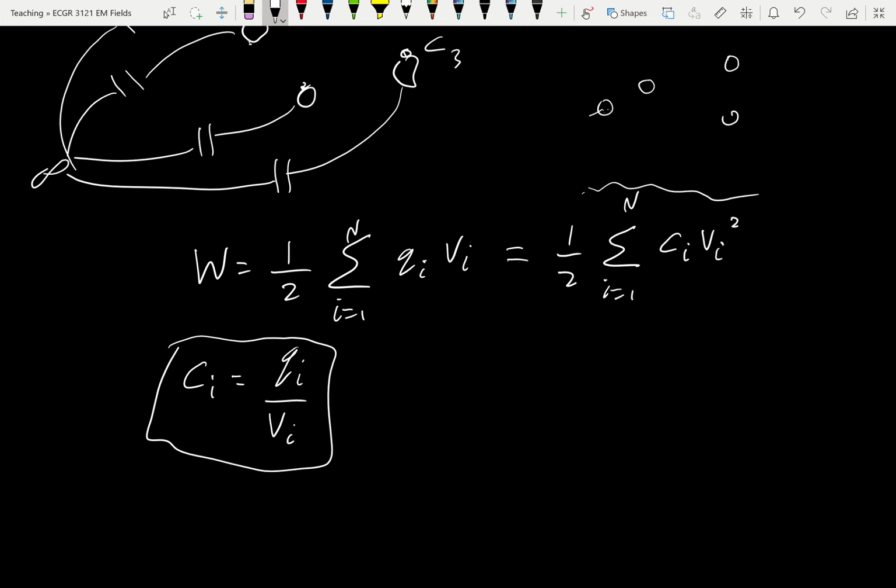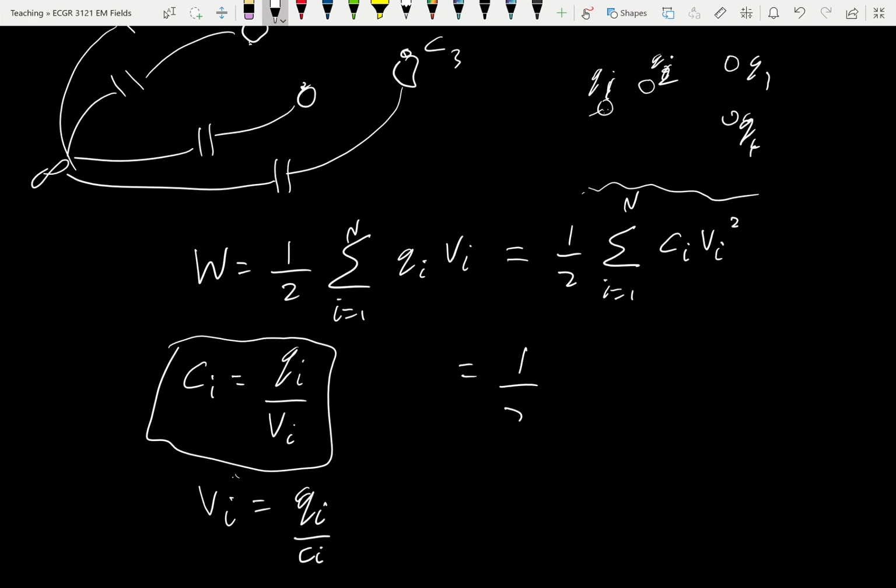Let's say I don't know the voltages, but I know the charges at each object, right? Q1, Q2, Q3, Q4. I know the charges of each object, and I know the capacitance of each object with respect to infinity, but I don't know the voltage at each object. I can also use this formula, so I can say that Vi equals Qi over Ci, and I can plug that in.